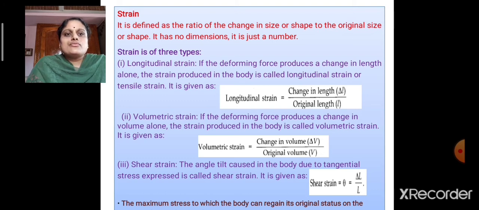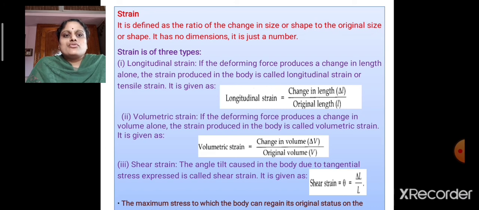If the deforming force produces a change in length alone, the strain produced in the body is called longitudinal strain or tensile strain. It is given as change in length by original length, that is delta L by L. The second type of strain is volumetric strain.